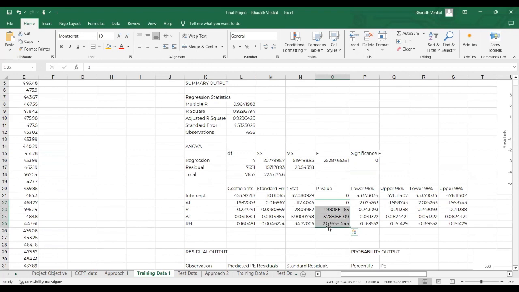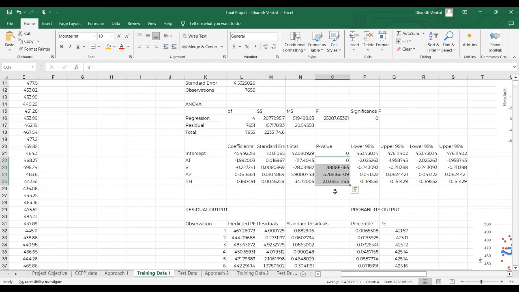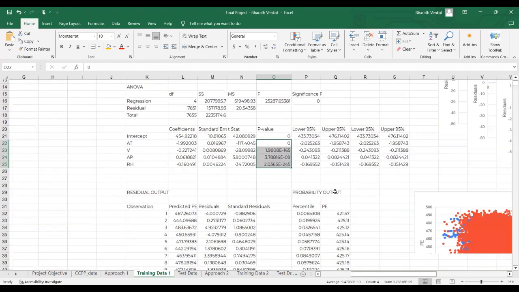We took a 95% confidence interval, so any p-value less than 0.05 suggests that the variable is very significant for the output result. Here we can see that the atmospheric temperature, vacuum, pressure, and relative humidity are all less than 0.05, which basically says it was a pretty good model to begin with.